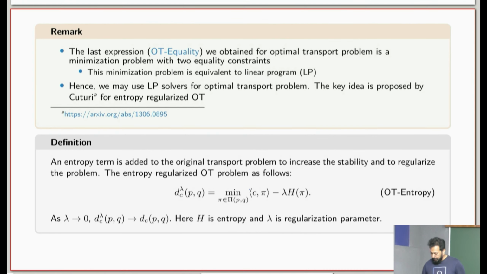So the last expression which we obtained on the previous slide for optimal transport is a minimization problem with two equality constraints. This minimization problem is equivalent to a linear program, because in linear programs you have a linear objective in the cost, which is the case here.